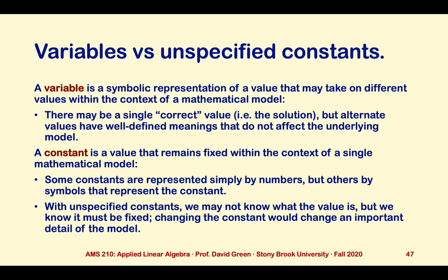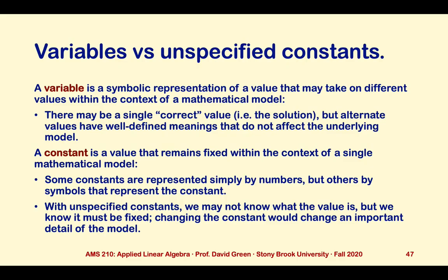We know that there should be some number to stick there, but we haven't figured out what that number is yet. We put in a symbol to represent that constant, kind of as a placeholder or as a way that we can work with the model generally before we know exactly what that number is.